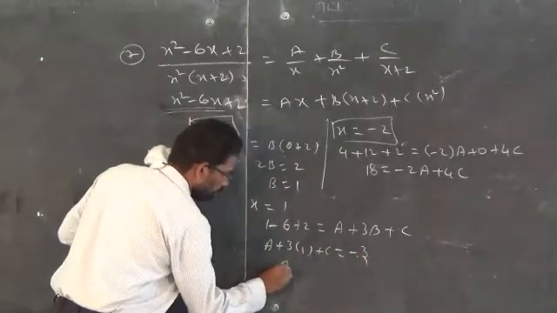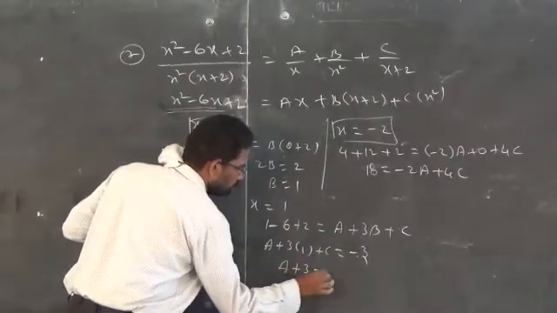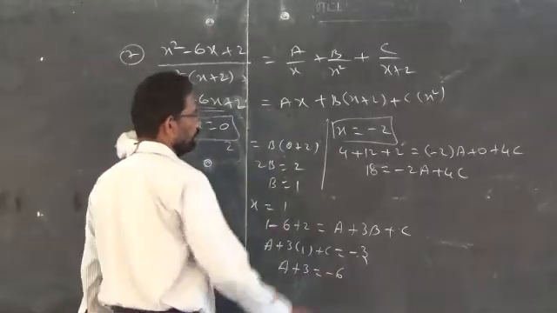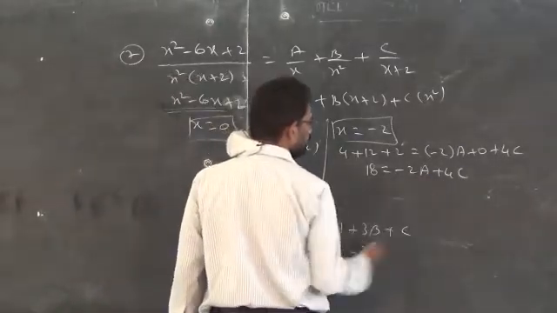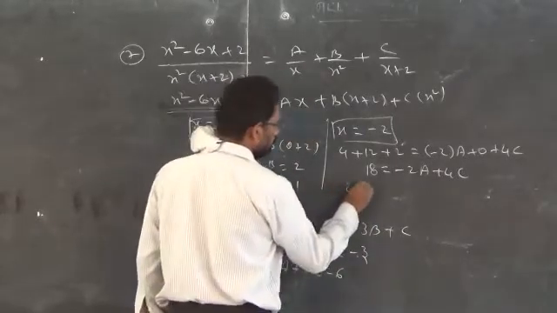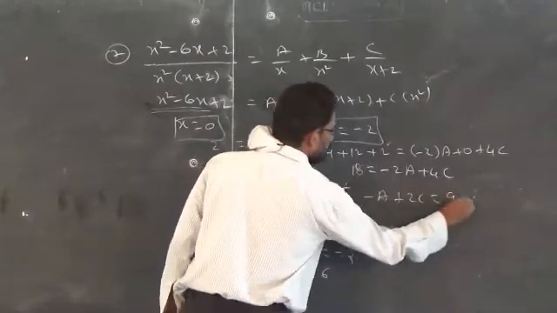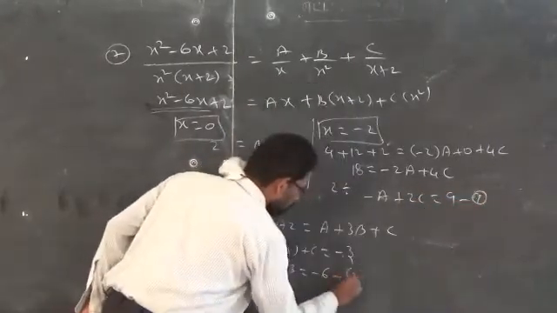So a plus c is equal to minus 6. Now you have two equations. Now you see all the three terms will be reduced by the 2 table. So divide by 2, you will get minus a plus 2c is equal to 9. Equation number 1 and equation number 2.